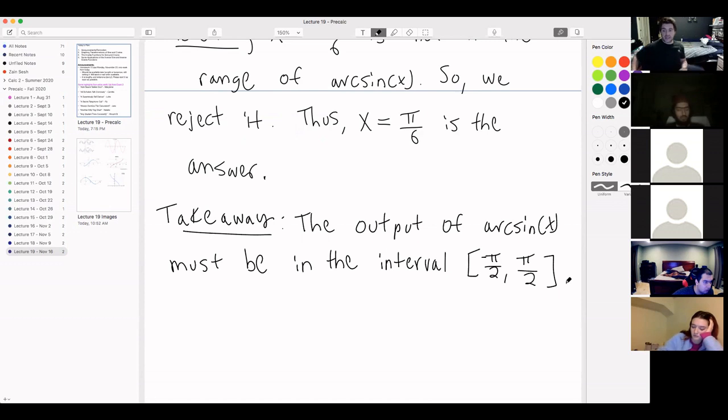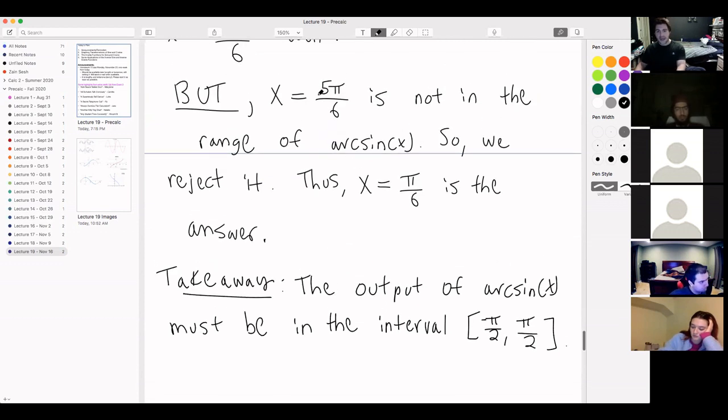It only hits values in this interval, and x equals 5 pi over 6 does not live inside of this interval. So we reject it. But x equals pi over 6 does live in this interval, so that's an acceptable answer. All right, so that's pretty much the deal here.